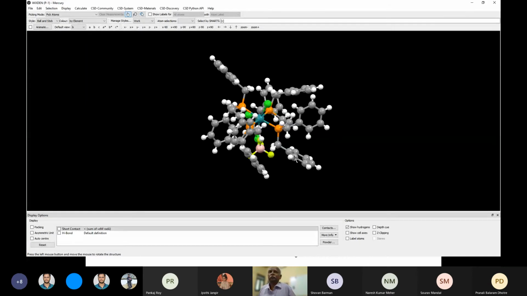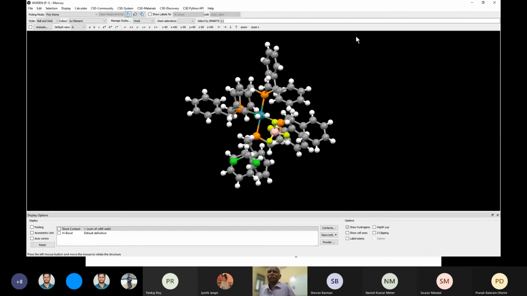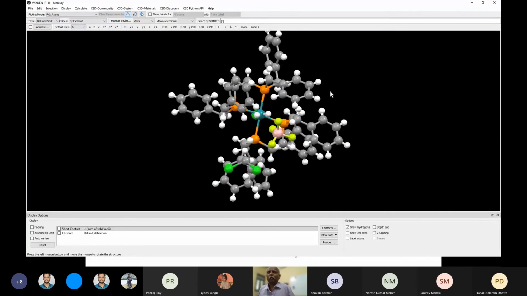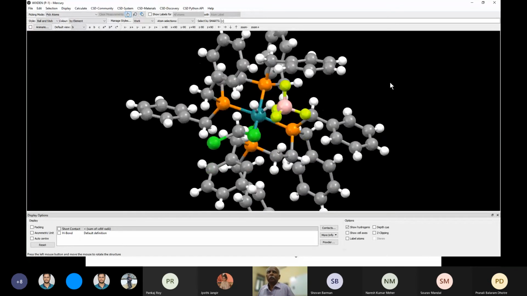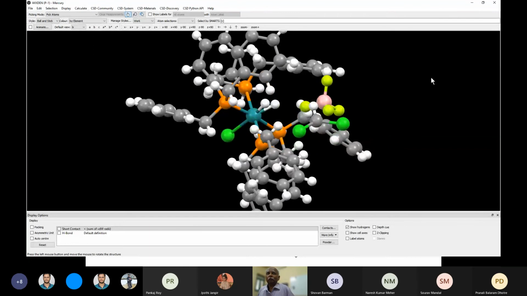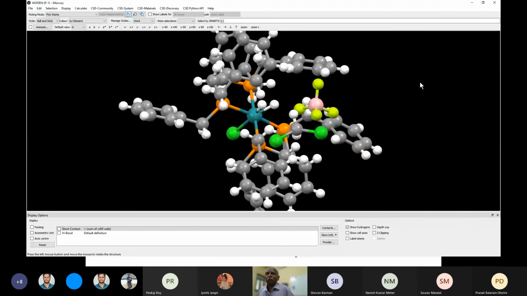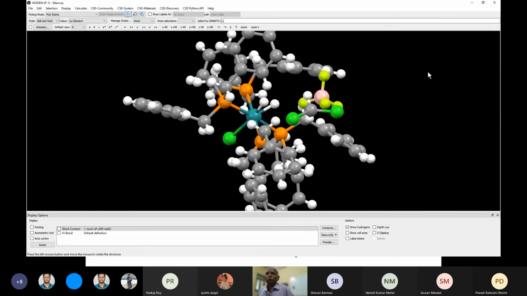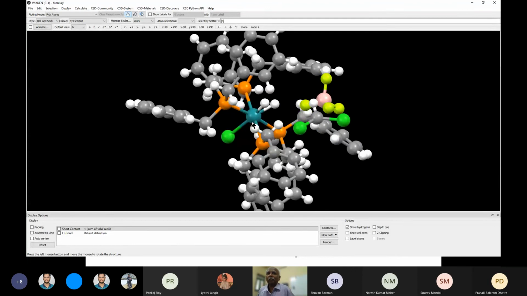You can see that it is very crowded, but unfortunately I can't turn off the hydrogens, because I want to show you the way in which the ruthenium is bound to the dihydrogen.